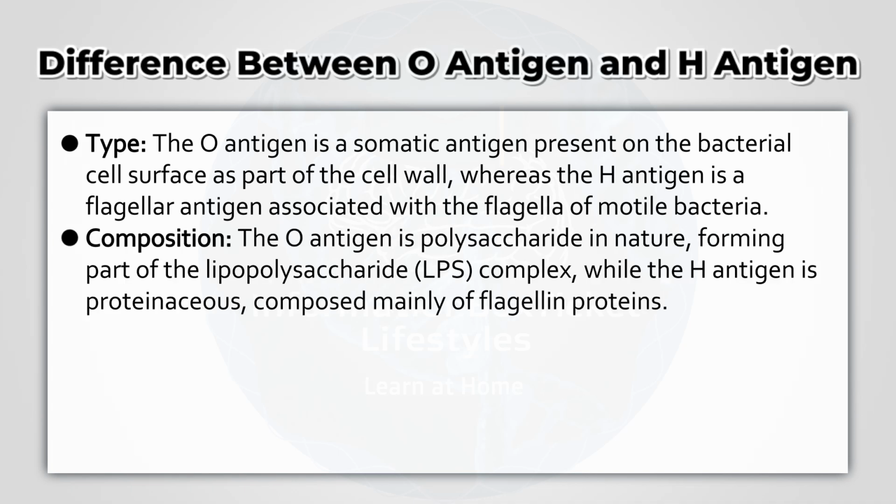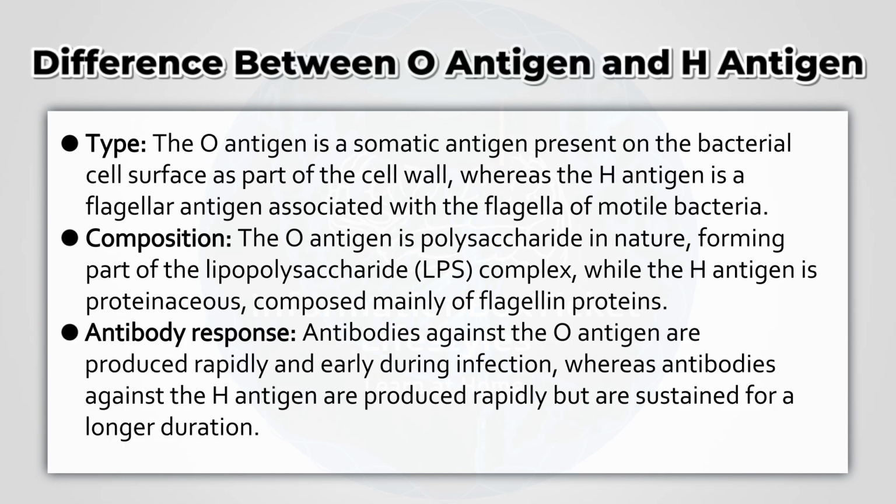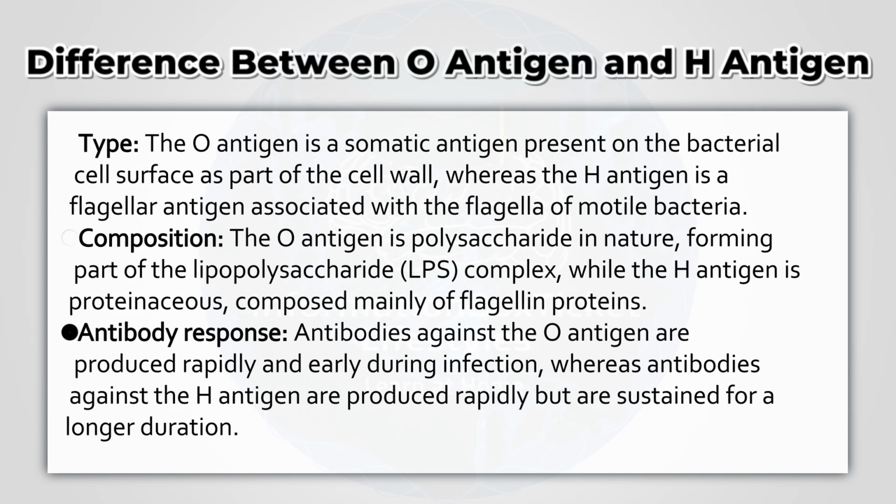The O antigen is polysaccharide in nature, forming part of the lipopolysaccharide LPS complex, while the H antigen is proteinaceous, composed mainly of flagellin proteins. Antibody response. Antibodies against the O antigen are produced rapidly and early during infection, whereas antibodies against the H antigen are produced rapidly but are sustained for a longer duration.